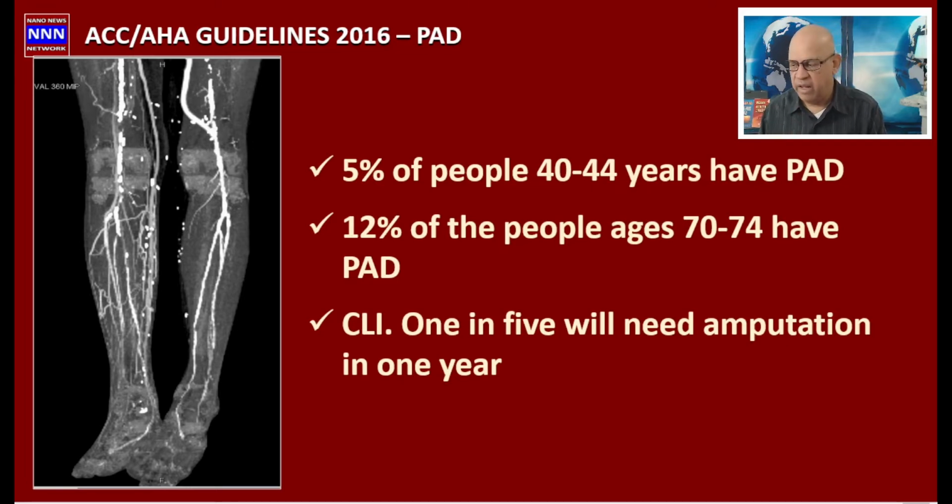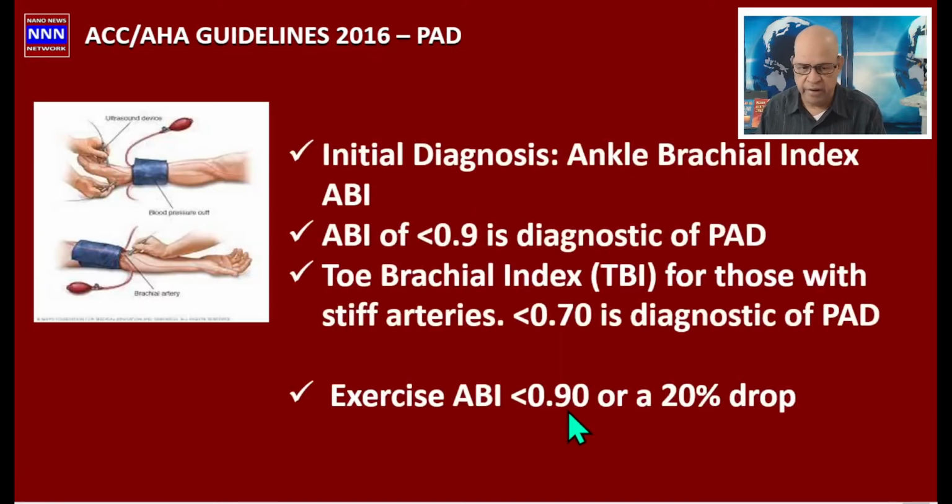And this is a place where we as internists and cardiologists and clinicians can really help these patients by early detection, serious risk factor modification, and guideline directed medical therapy for peripheral arterial disease.